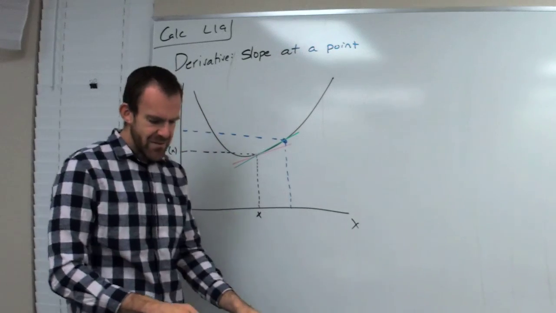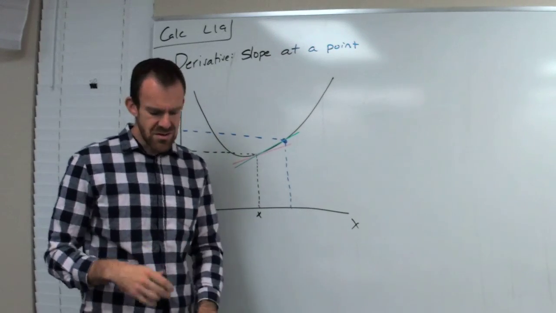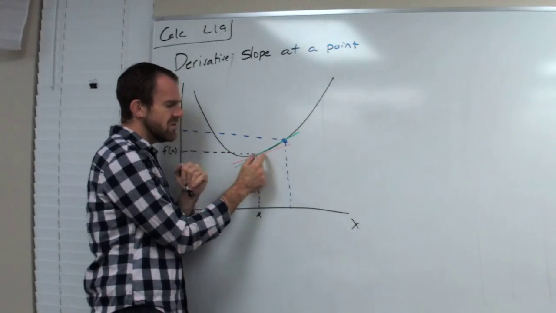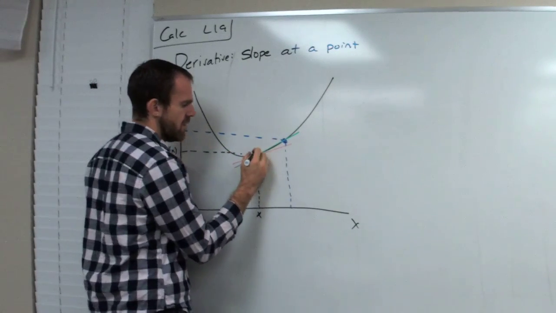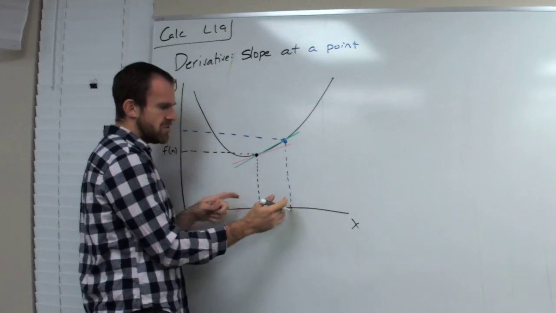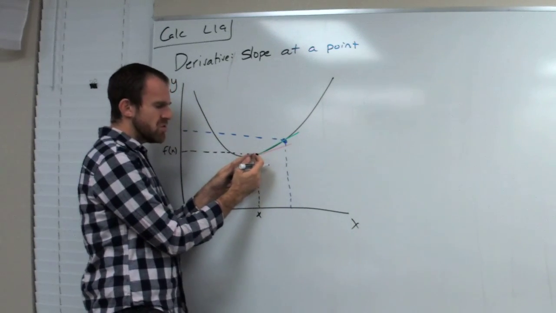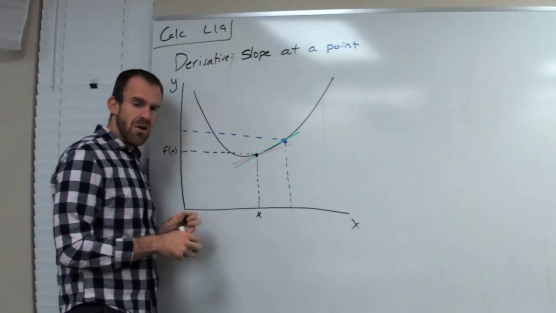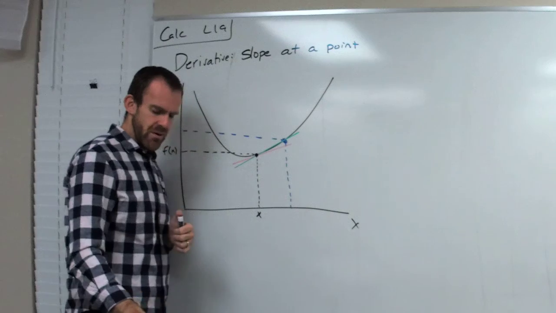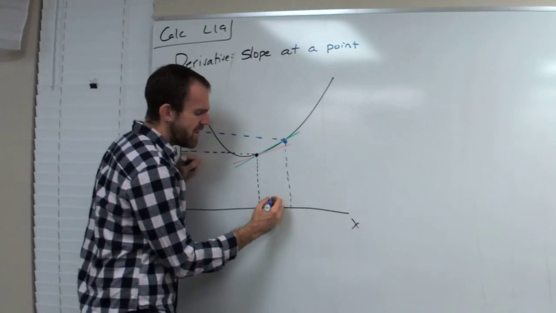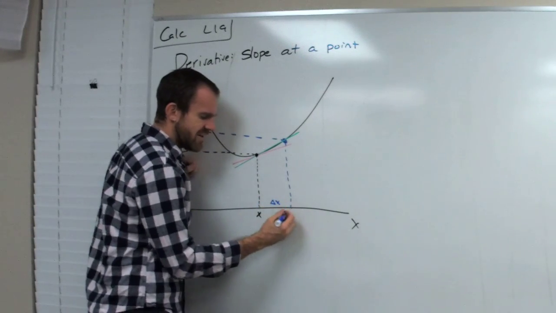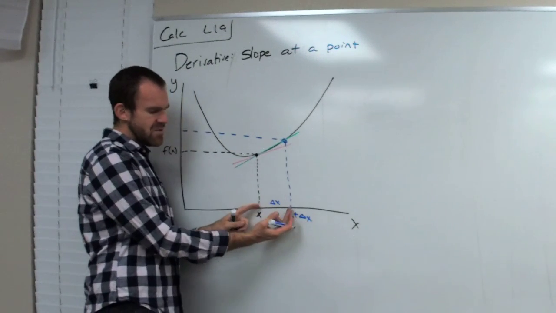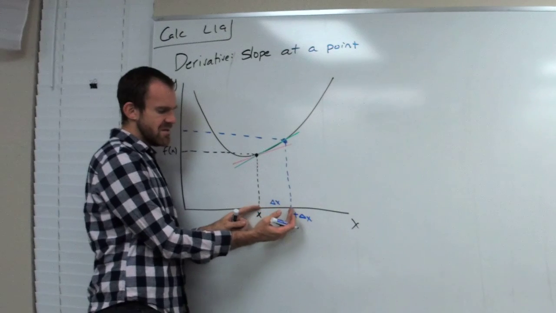But here's the trick. I am going to use the limits that we've learned to move this point closer and closer to this point here, so that the slope between these 2 points is almost right on top of each other, and that's going to give me the derivative. So, how do we define this point? Well, I call this some change in x, so this new point is x plus delta x. Okay, change in x, that's what delta means.